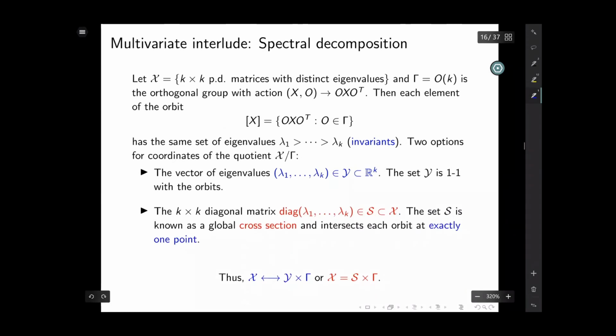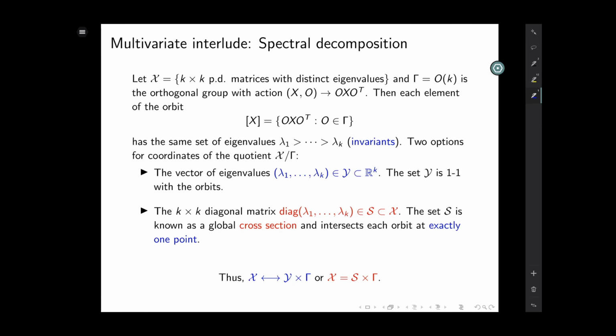The other option is to take each of these eigenvalues and put it into a diagonal matrix. Now such a matrix will also be positive definite, and hence the set of all such diagonal matrices will be a subset of the original set X. It's not any arbitrary subset, but a subset which cuts across every orbit at exactly a single point.